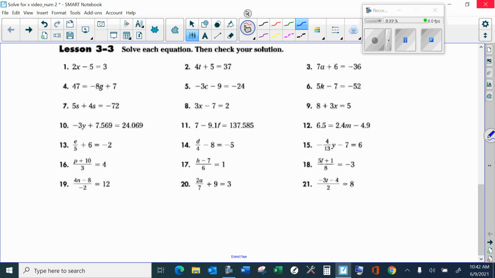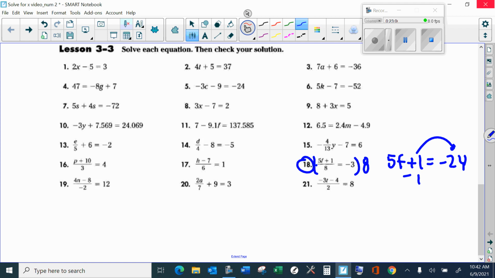Okay, all right, let's go down to the bottom. Like that, I could multiply both equations by 8. So on the left side, that 8 is gone. I have 5f plus 1 equals 8 times negative 3, which is negative 24.